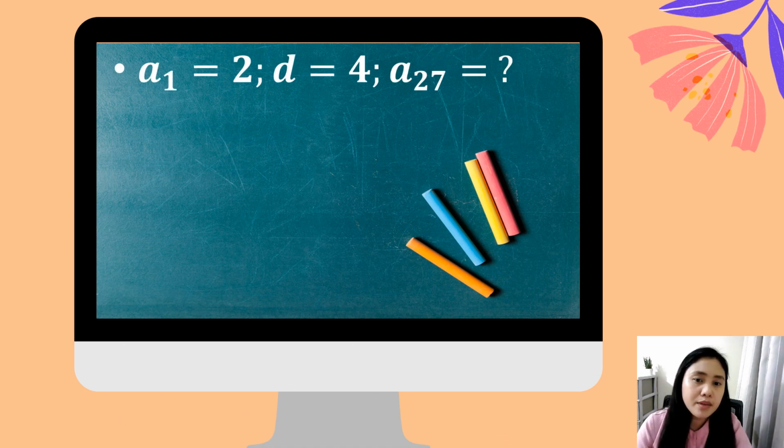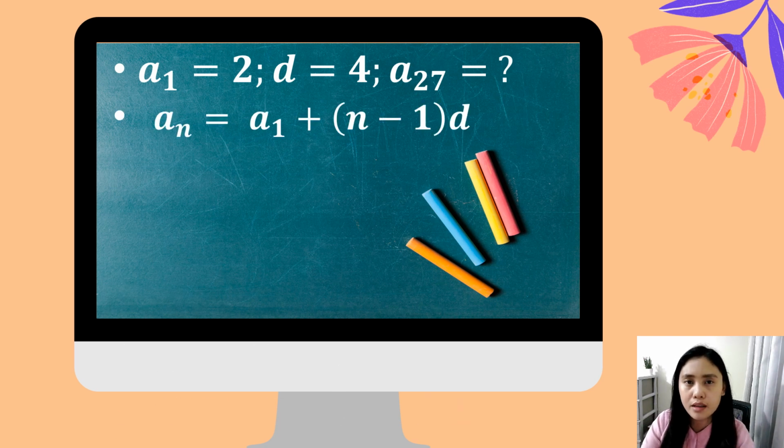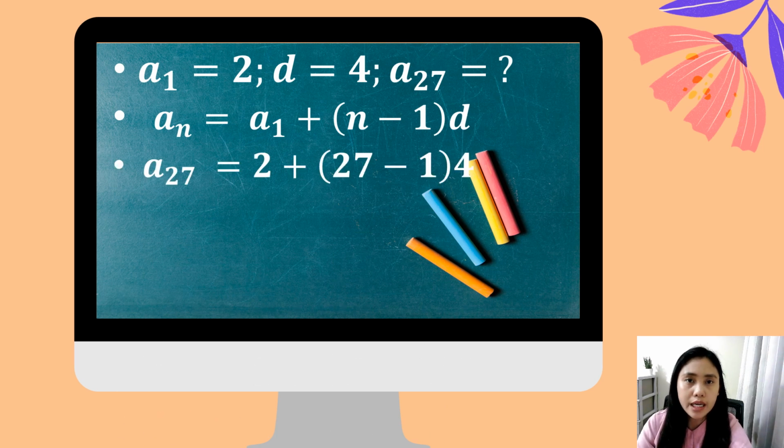Next, the last thing to find is the 27th term. Now that we know that the first term is 2 and the common difference is 4, let's find the 27th term. Using the formula a sub n equals a sub 1 plus n minus 1 times d. So, we are looking for a sub 27.